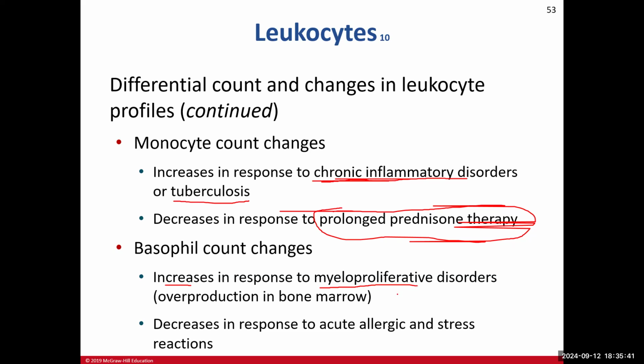When we see a decreased amount of basophils, think allergic responses and stress. When in doubt, think stress. Stress is a lot in the body. Physical stress, emotional stress, psychological stress. Did I say mental? Mental too.